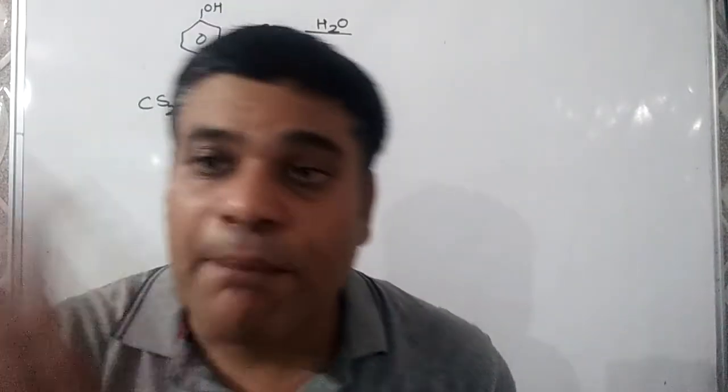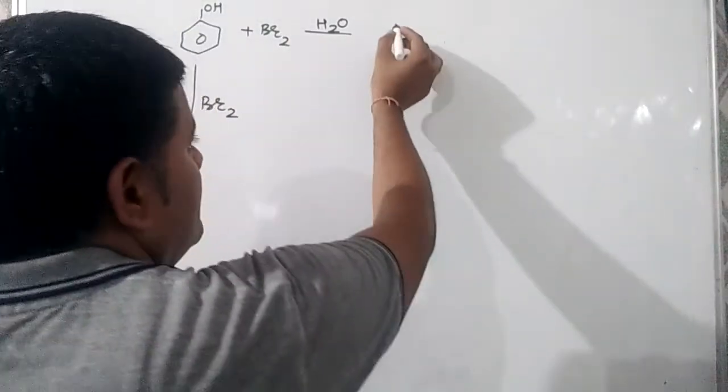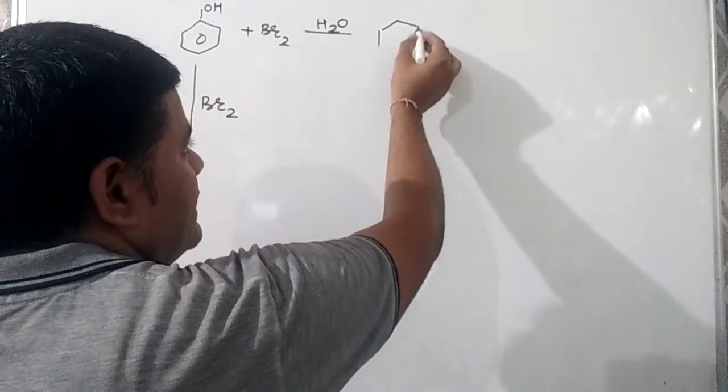Water is polar in nature. Hence, electron density can be increased at ortho and para positions simultaneously, so tri-substitution will take place.